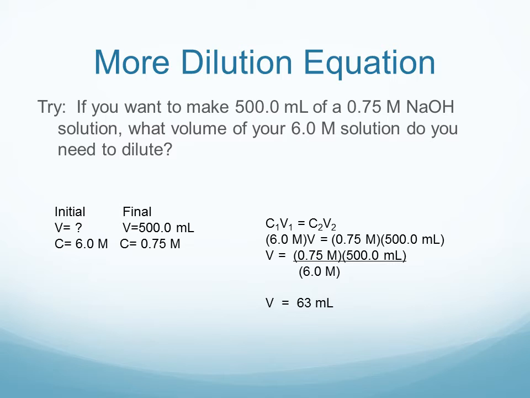So this makes sense that we need a small volume of our concentrated solution. So if we were making this solution, we would add 63 milliliters to a flask and then add water until we had 500 milliliters, and then we would have our diluted solution, 0.75 molar.